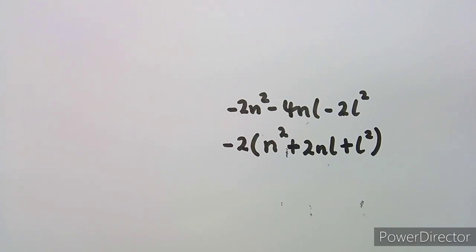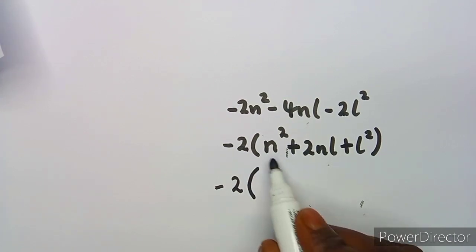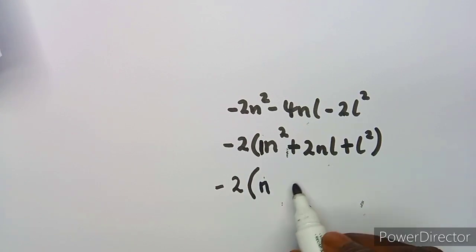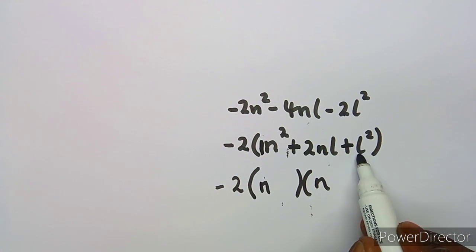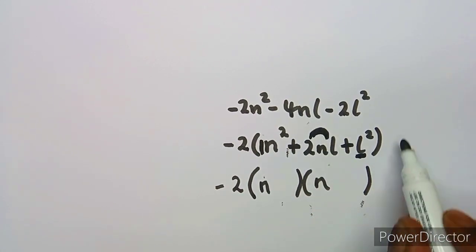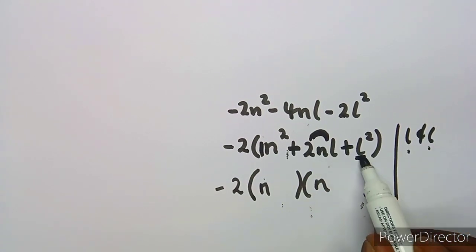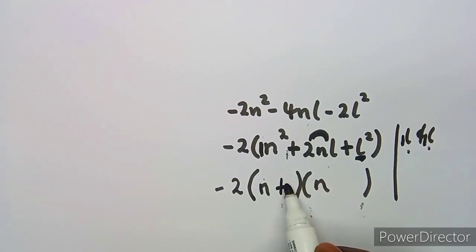So as we can see here, we can just apply our normal direct factorization. Since the coefficient of n squared is 1, we are going to have 2 brackets, n in one and n again in the other. Since this is l squared, we need 2 terms that add to give us 2l. So this is l and l. L times l is l squared. 1l plus 1l gives us 2l, so it's plus l, like that.